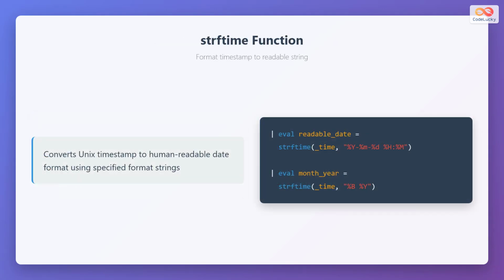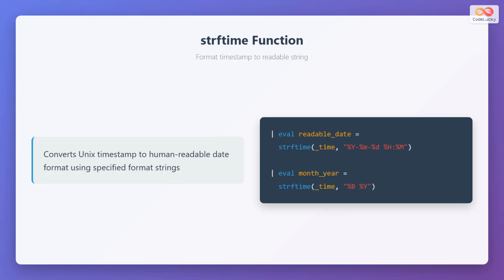The strftime function converts Unix timestamps into human-readable date formats using specified format strings. This function takes a timestamp, typically the _time field, and transforms it according to your format specification.